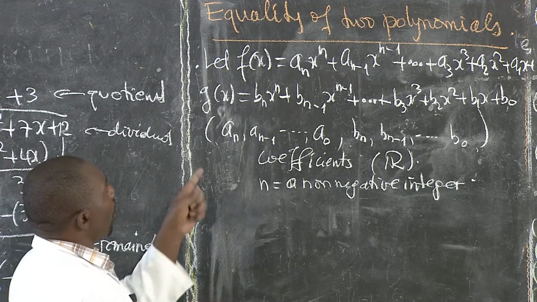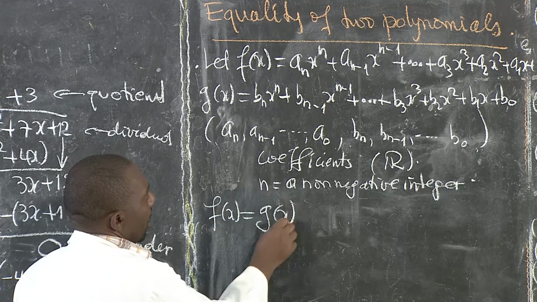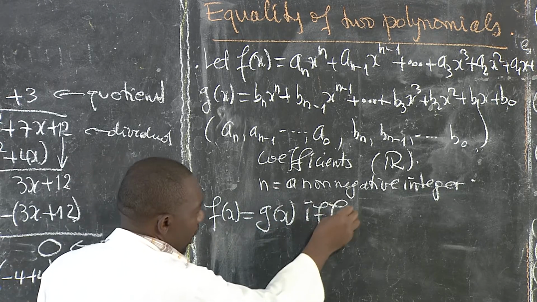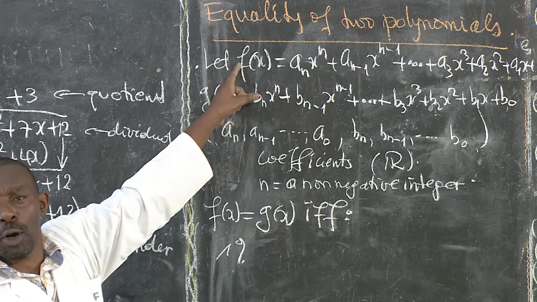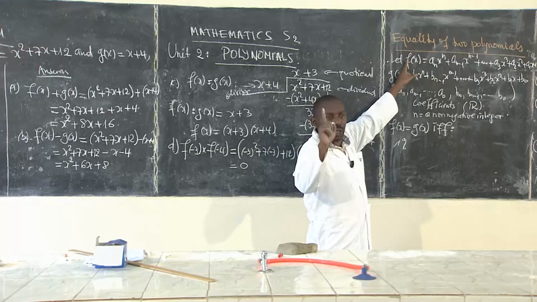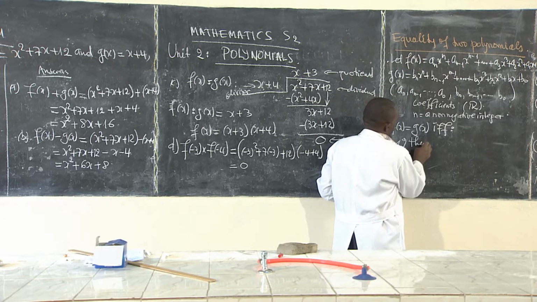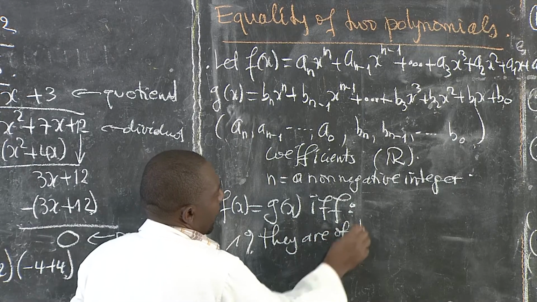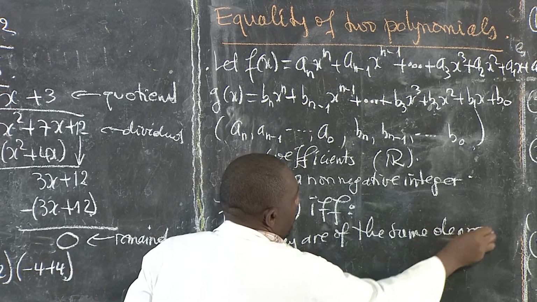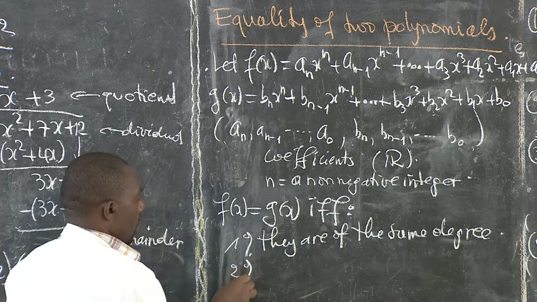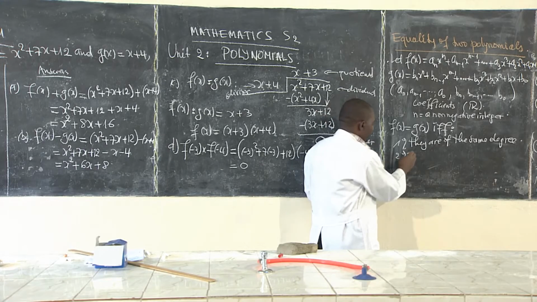So these two polynomials, f of x is equal to g of x, if and only if, first of all, both polynomials are of the same degree. Two, like terms are equal.